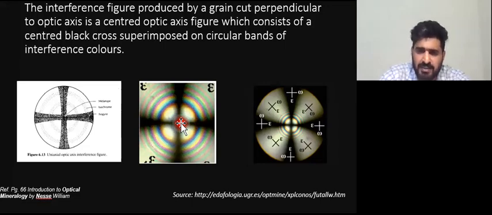One thing you need to remember: these black bands are an indication that epsilon and omega are parallel or perpendicular to the polarizer or analyzer.